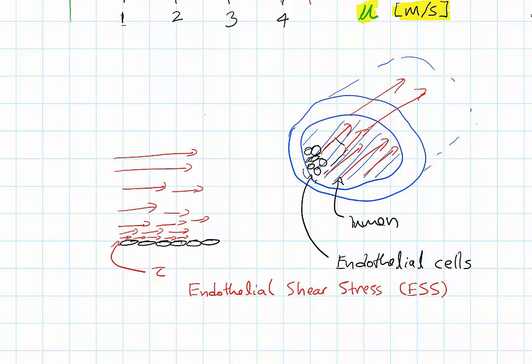For example, in the blood vessels of the heart, if the endothelial shear stress is too low or too high, it might create an inflammation, eventually leading to a heart attack. Or in the brain, if the endothelial shear stress in the blood vessels is in a certain range, then one theory that is prevalent right now is that it might create aneurysms, or the aneurysms that are already there might rupture.